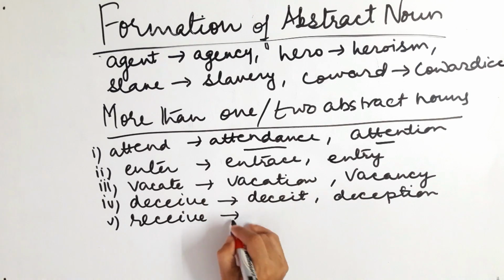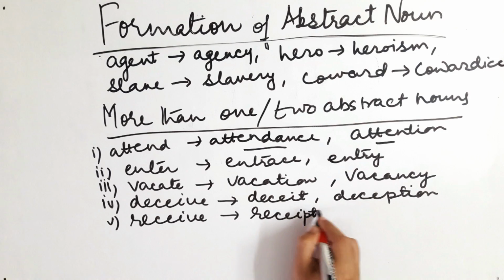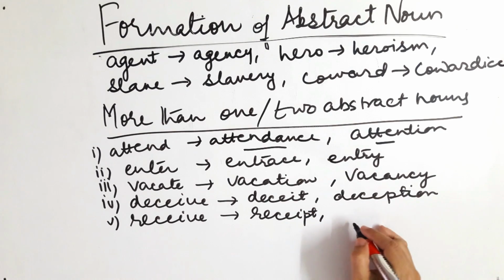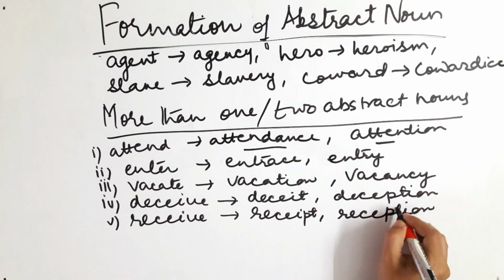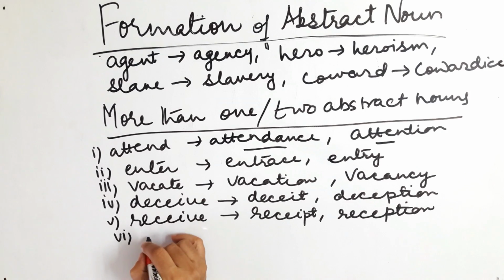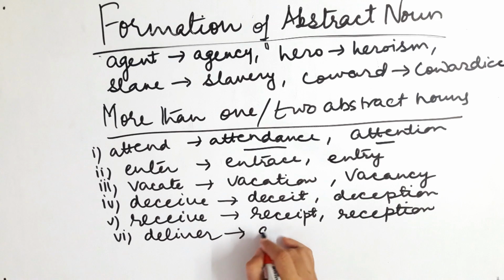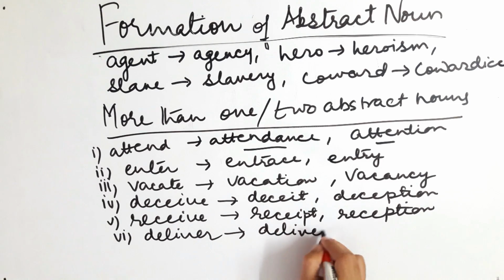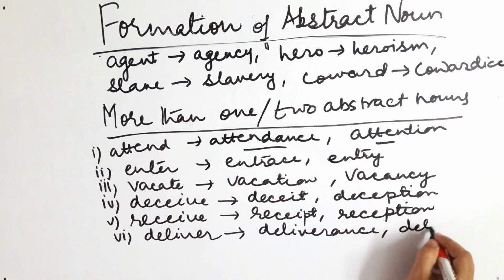Almost the same as deceive. Receipt, we call it. P is silent here, and then we come across another word, reception. Both are nouns. Then I have deliver. It changes into deliverance and delivery.